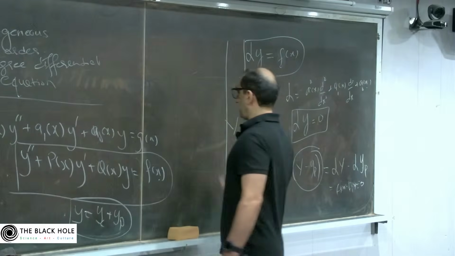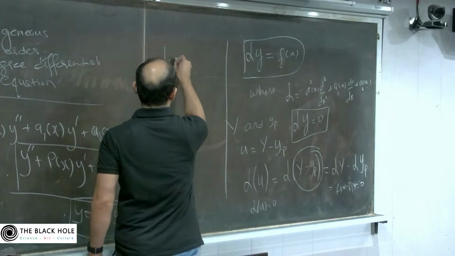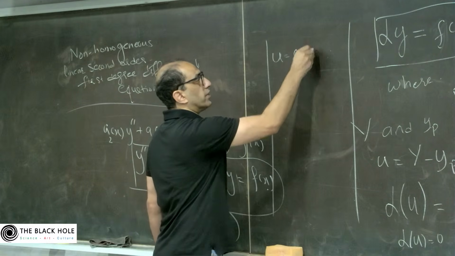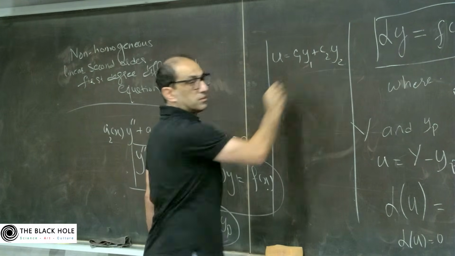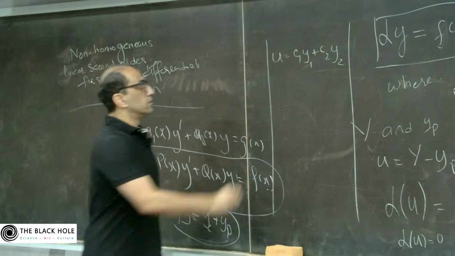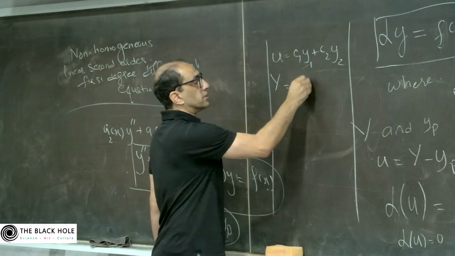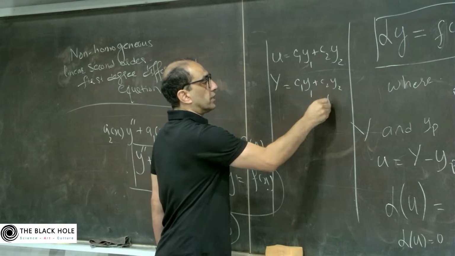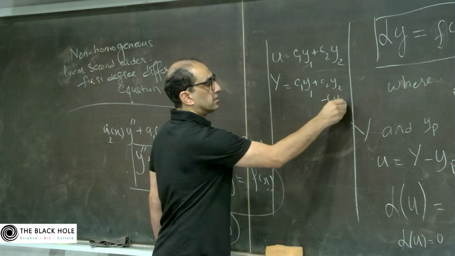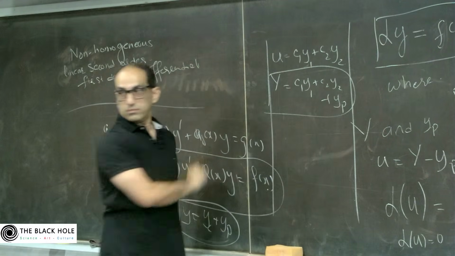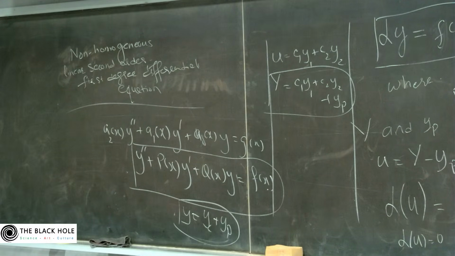Let me write it here. This will be u is equal to c1y1 plus c2y2, and your y will be equal to c1y1 plus c2y2 plus yp. So that's how you know that this solution works.